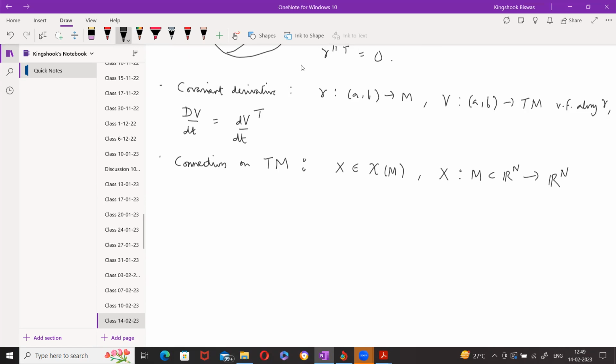This is a smooth map because X of P belongs to TPM, which I am identifying with a subspace of Rn, right? So I can think of X as a map taking values in Rn.